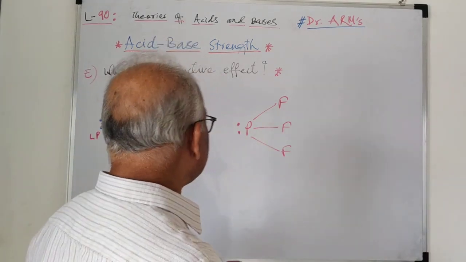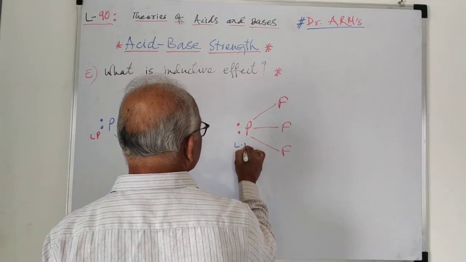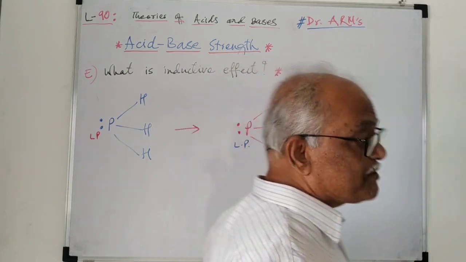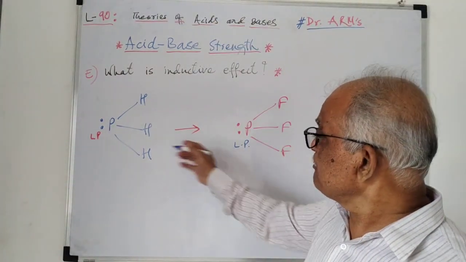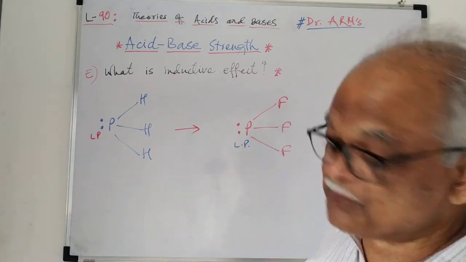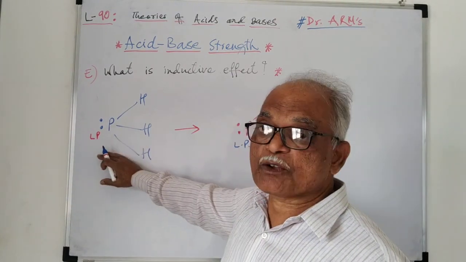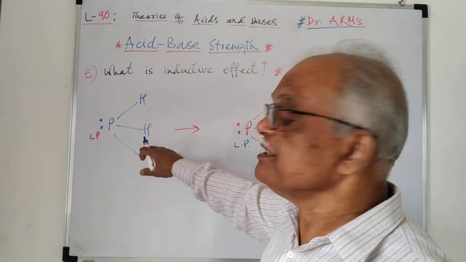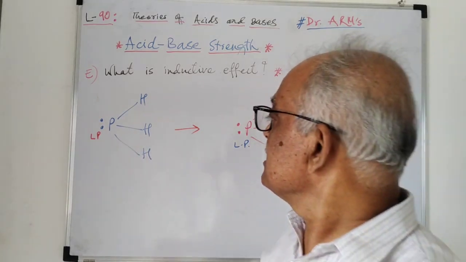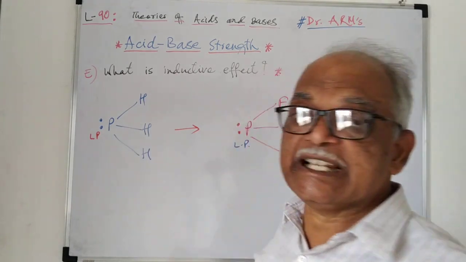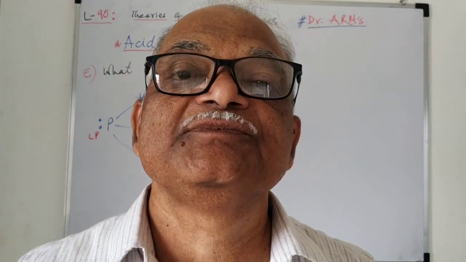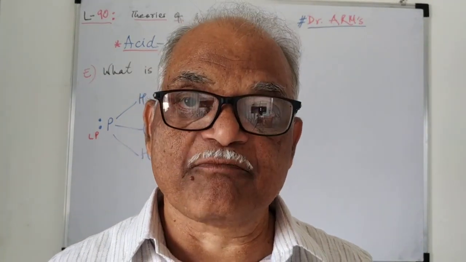So here you will find that this is also a lone pair, and these three are bond pairs. So if we see the difference between these two, according to this Lewis concept, these are carrying the lone pairs. So they are working as Lewis base.